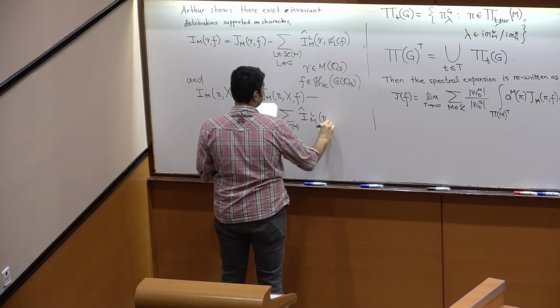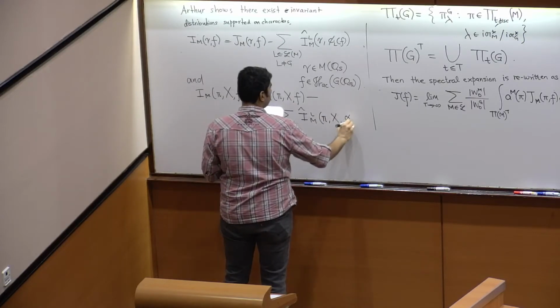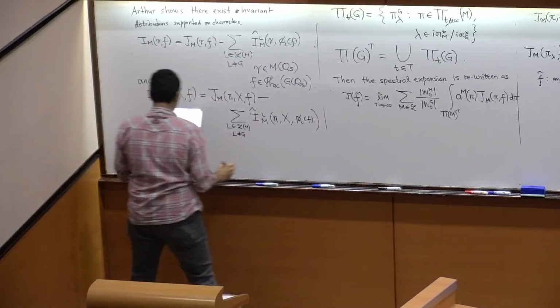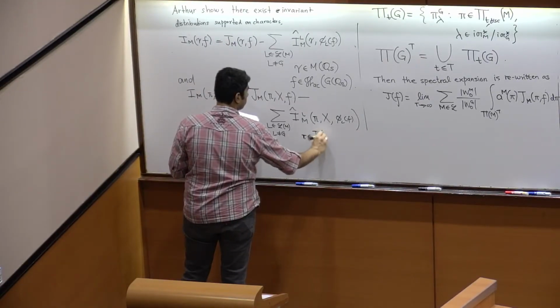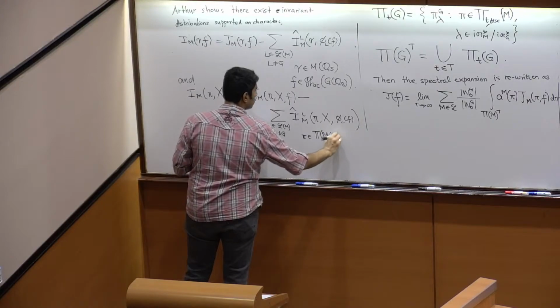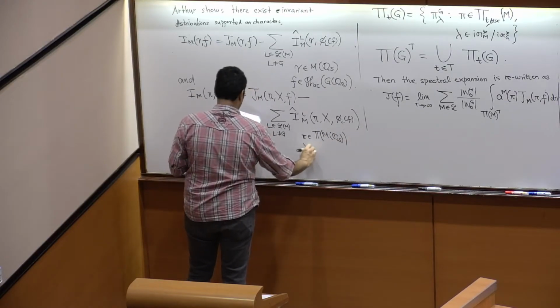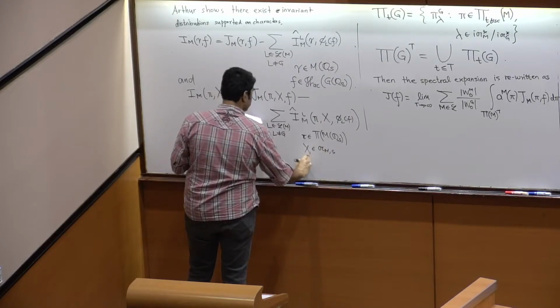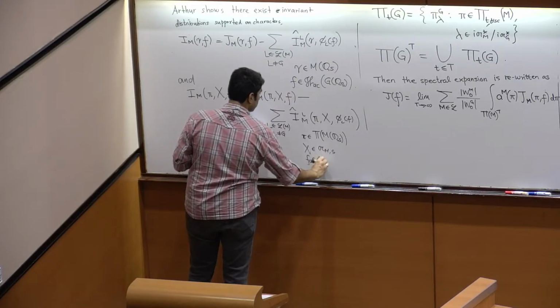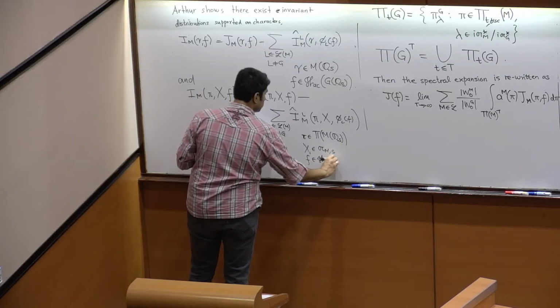So pi_x^L of f, and here pi is in pi M(QS), x is in the AMS, and f is in the Hecke algebra, some H_AC G of QS.